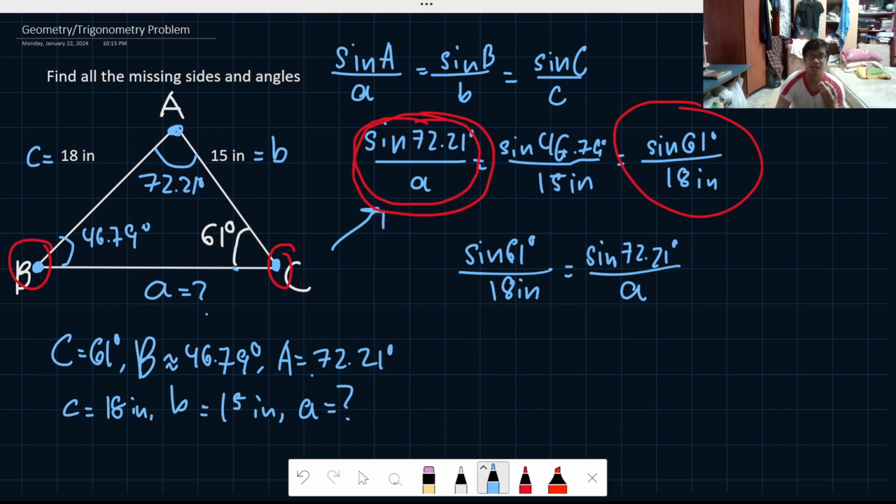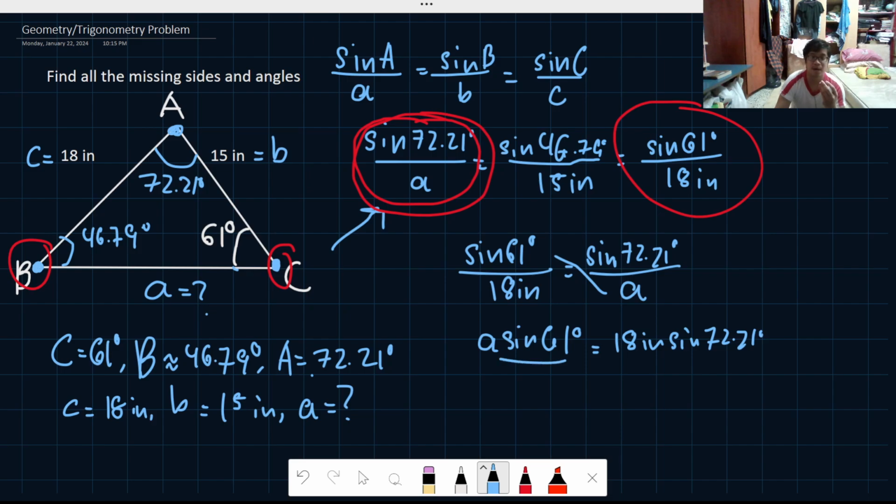So now let's find our A. What we can do here is cross multiplication. A times sine of 61 degrees equals 18 inches times sine of 72.21 degrees.